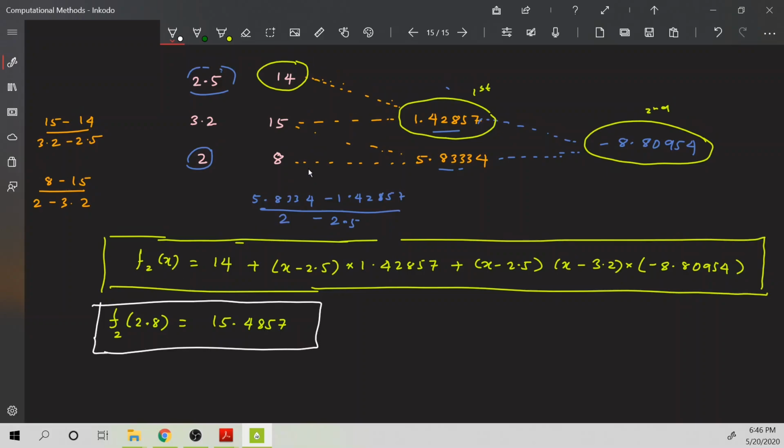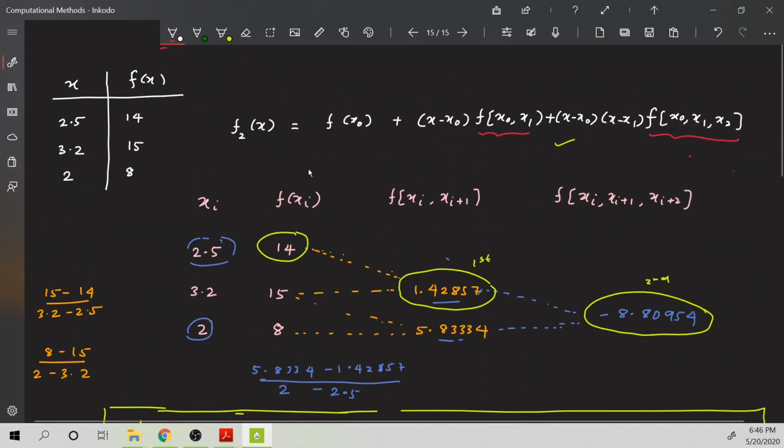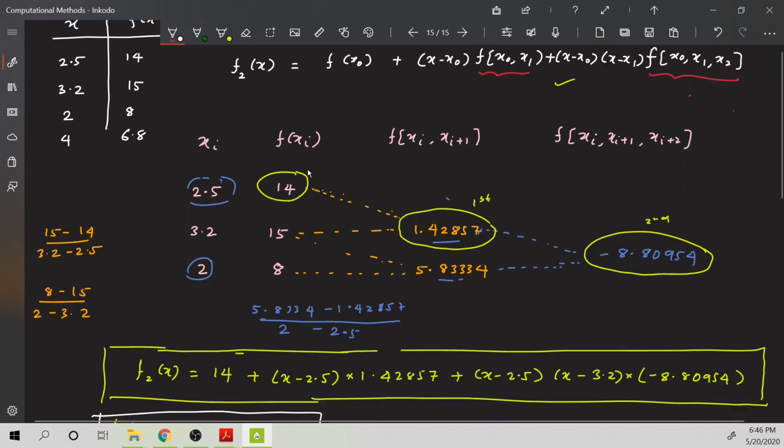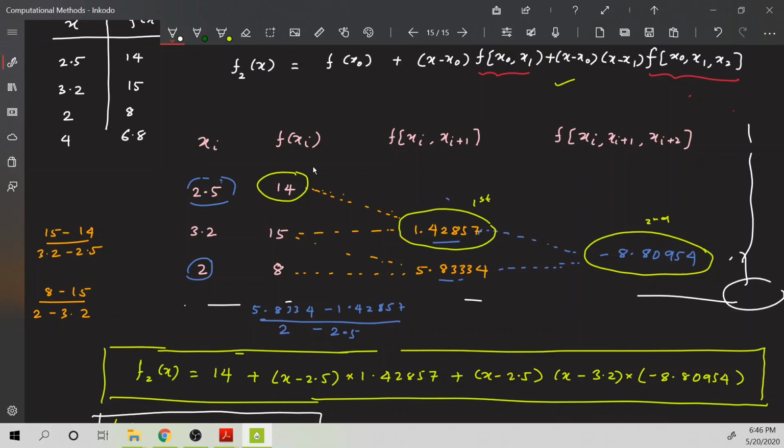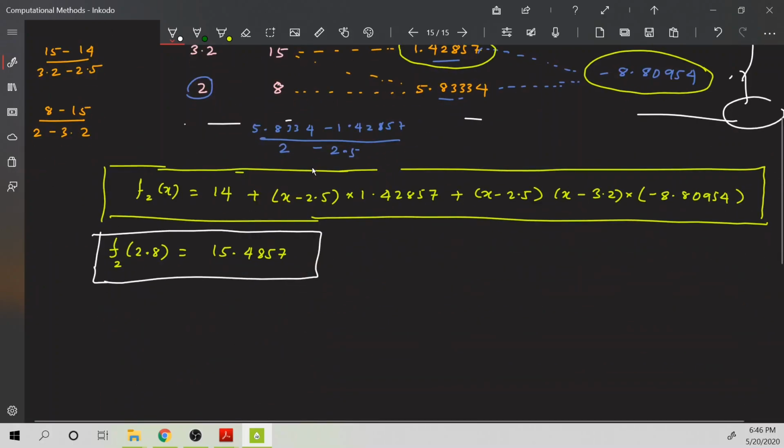If I add one more point here, let us say 4, and let us say it's 6.8, you just have to add one more column here, and you can easily adapt the current situation to find the third divided difference. So if you want to move to third order, fourth order, fifth order, you just have to add extra elements.